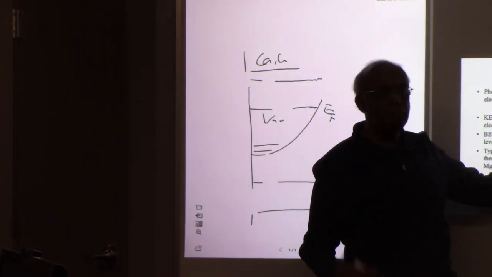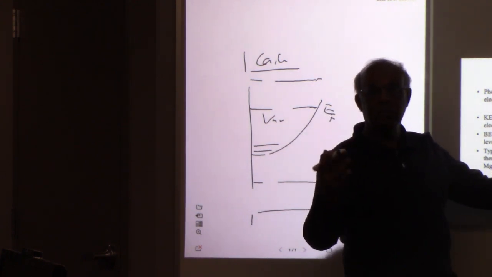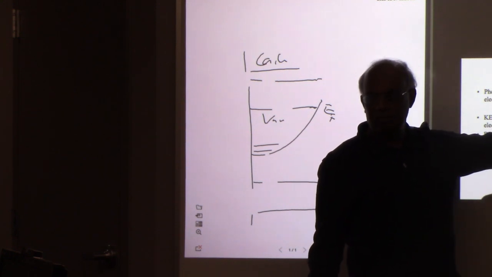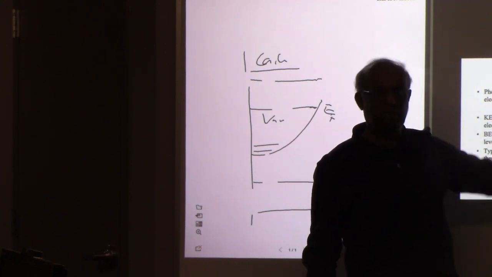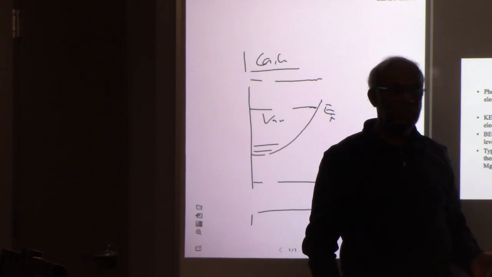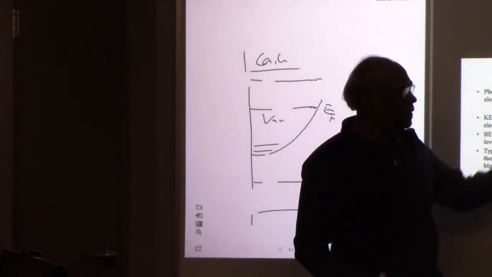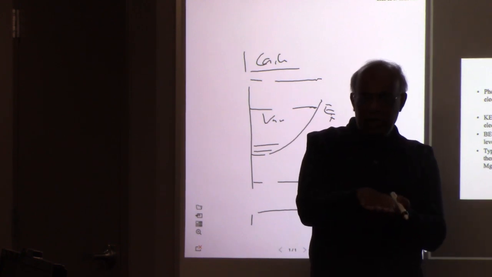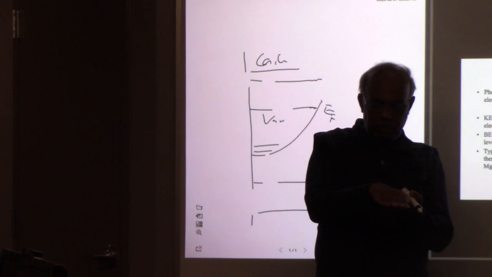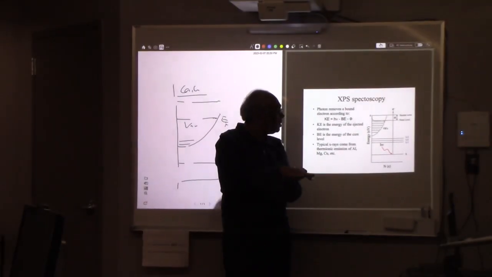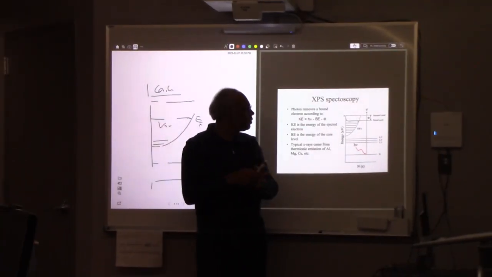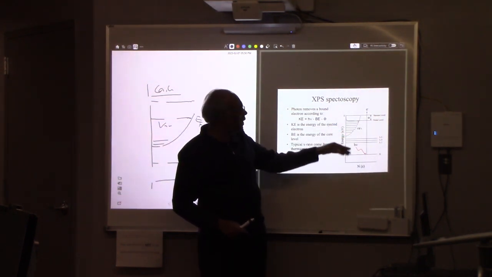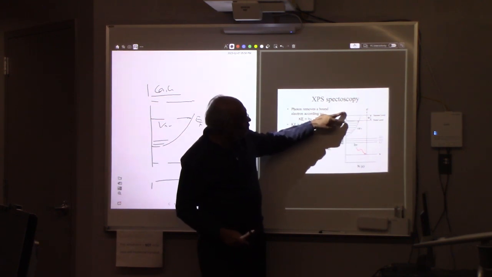If I can have enough energy to overcome the work function, then the electron is given to the vacuum level. That means the electron is free, right? Even at the Fermi energy, that's the highest occupied state, but it is still within the material. Unless you give enough energy to overcome the work function, they don't come out, right? Please remember, this is only for a metal. If you have a semiconductor, from here, then we have a band gap.